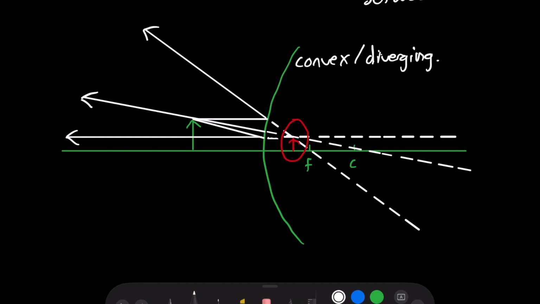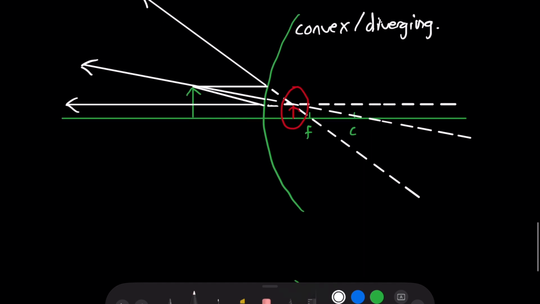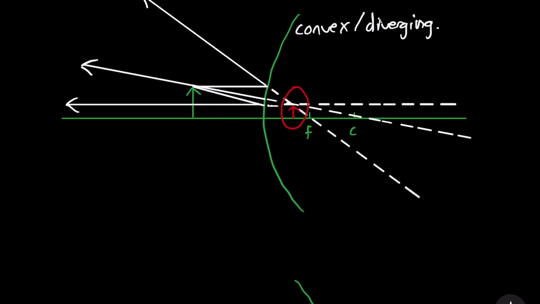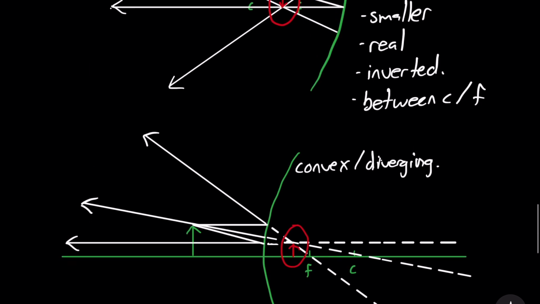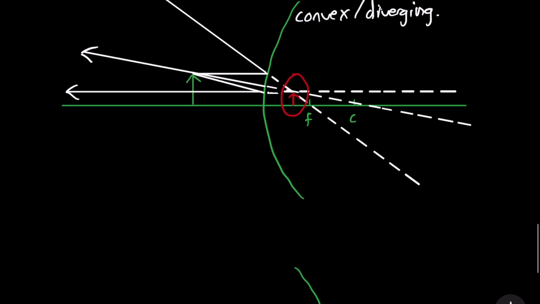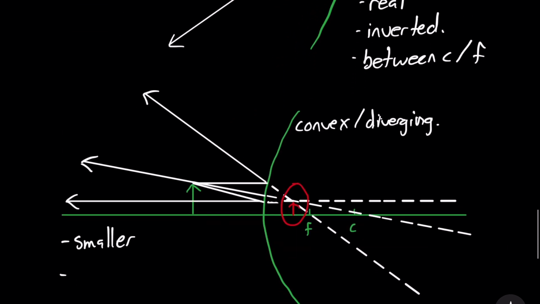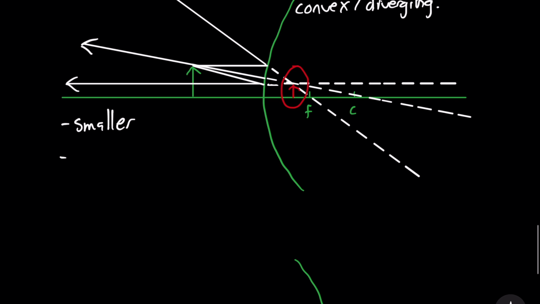And again, we can actually write down some characteristics to this image. So first off, let's do it in the same order we did the last one. Our image is going to be smaller than our object. We can write down smaller. Next up, because it's on the opposite side of the mirror compared to our object, our image is going to be virtual.